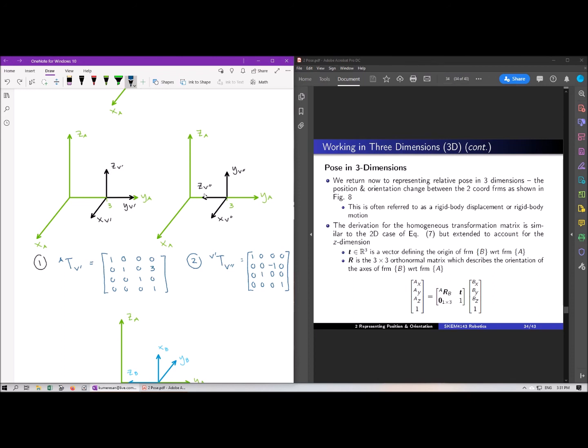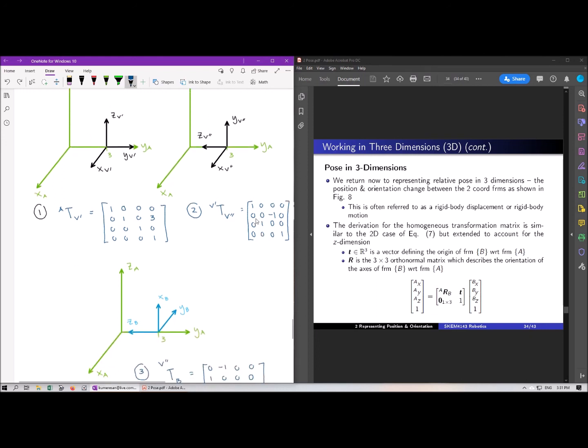From here, we go here. So let's obtain tv double prime v prime. This 3 by 3 is the rotation matrix, and we see that we have rotated this coordinate frame about the xv prime x-axis, and the angle is positive 90 degrees.